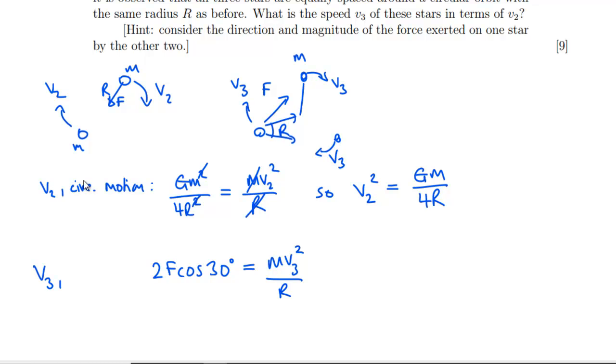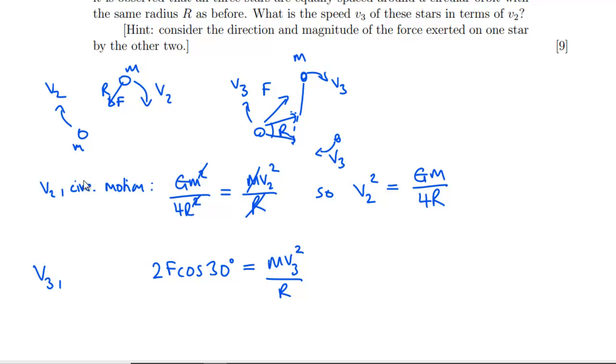Now we need to know what F is. Well, it depends what that distance is. So we need the distance between these stars. Let's make those triangles there.